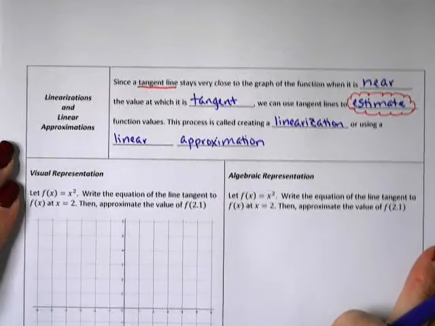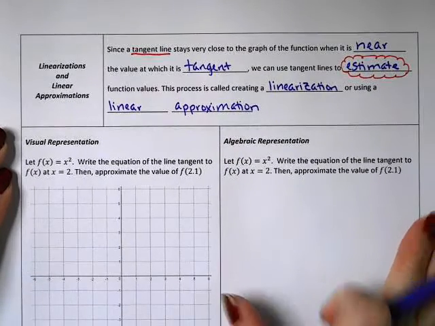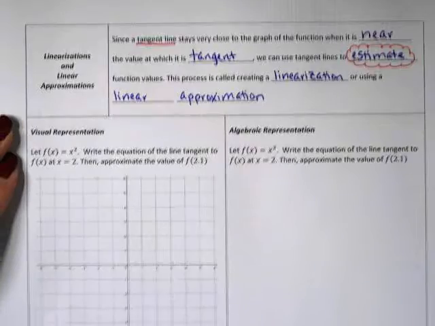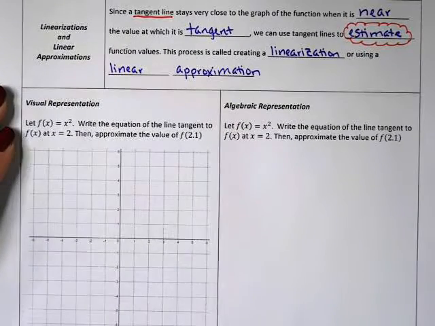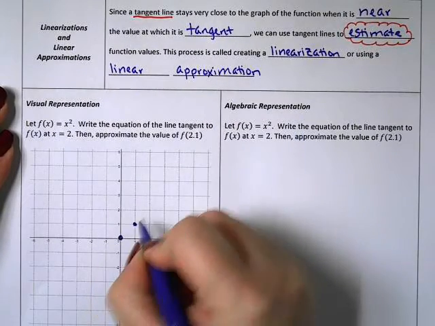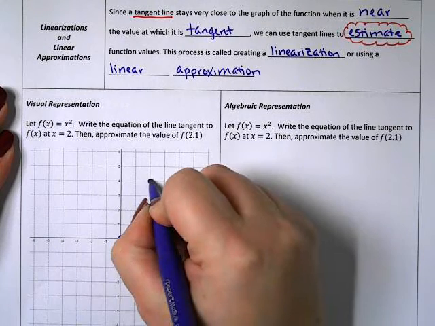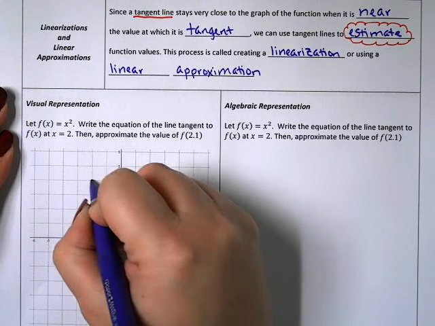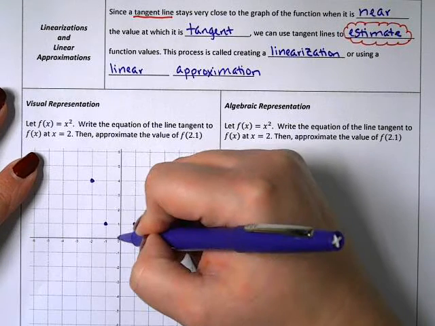So let's look at what this looks like visually. If we have f of x equals x squared, we're going to graph that first. x squared is a parabola, so we know we're at (0, 0), (1, 1), (2, 4), and the same thing on the other side, and we can draw our parabola through.